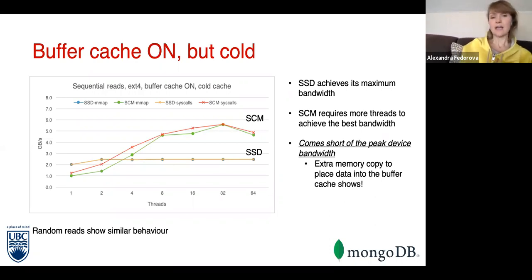The reason is that when we use the buffer cache, on the read path, we read the data from the device, but also we need to place a copy of the data in the kernel buffer cache. So that's why this extra overhead prevents us from achieving the maximum throughput. But you can see we're not too far from the peak device bandwidth of 6.5 gigabytes per second.